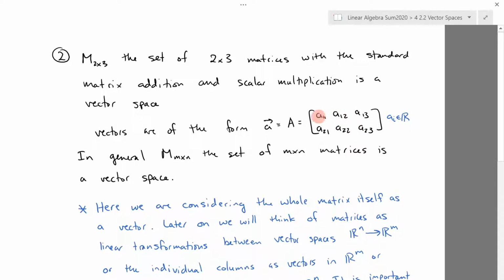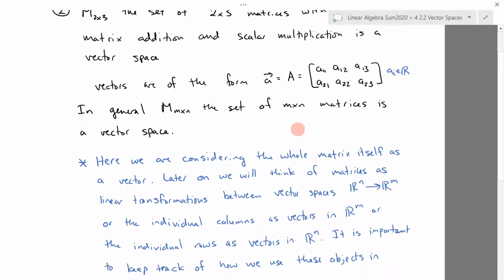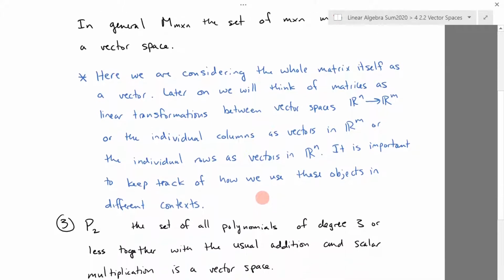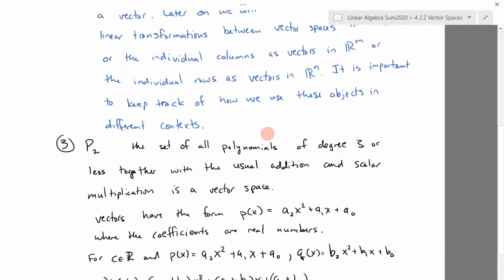Or looking at the rows, each row is a 3-dimensional vector, right? So 3 coordinates here and 3 coordinates for this row. So we're going to look at matrices in different ways, so be careful about the context in which we're using any of these particular objects. Okay, so matrices form a vector space.